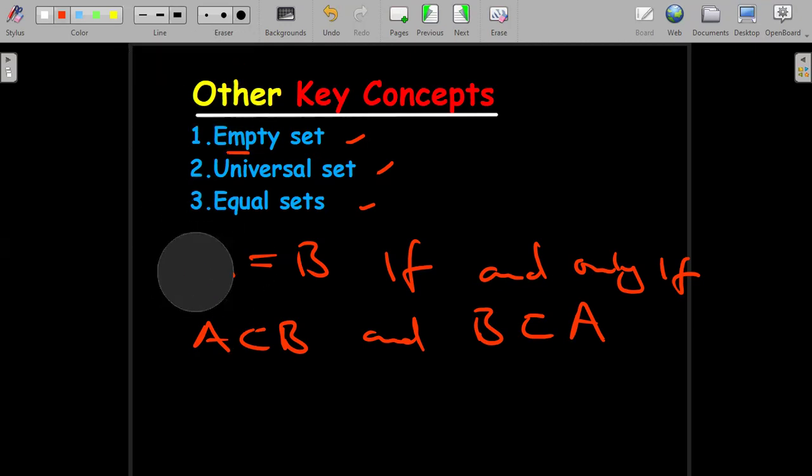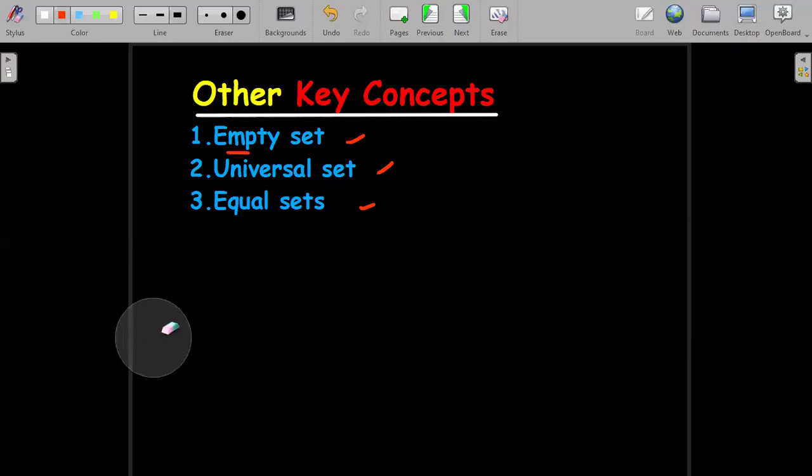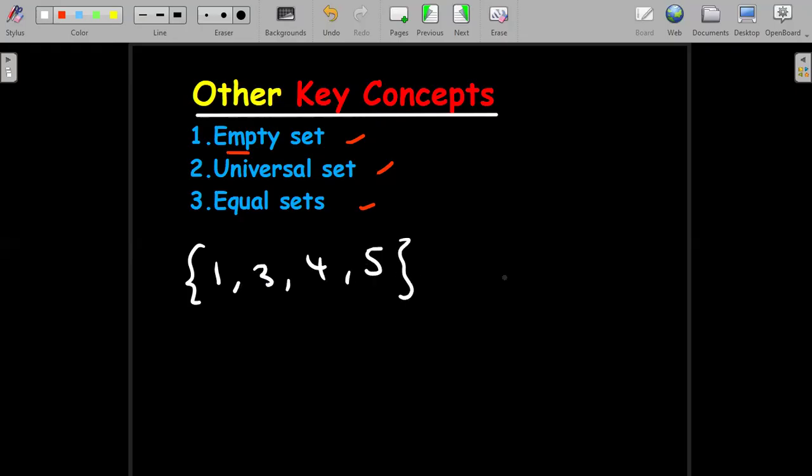So let me give an example here. Let's say we have the set I'll list out: 1, 3, 4, and 5. And we have another set where we have 1, 4, 3, and 5.